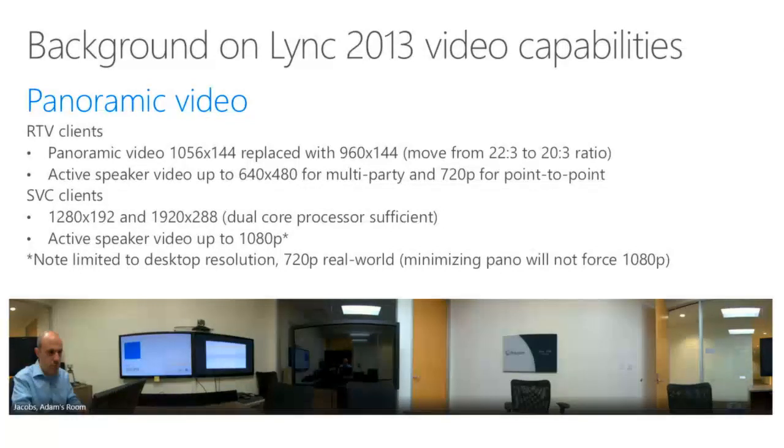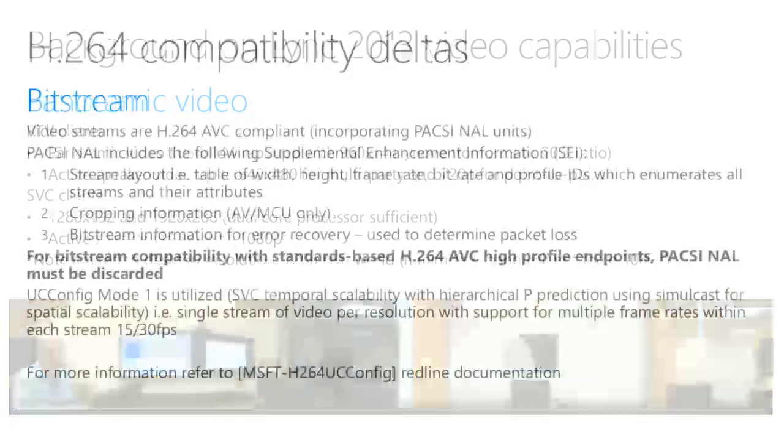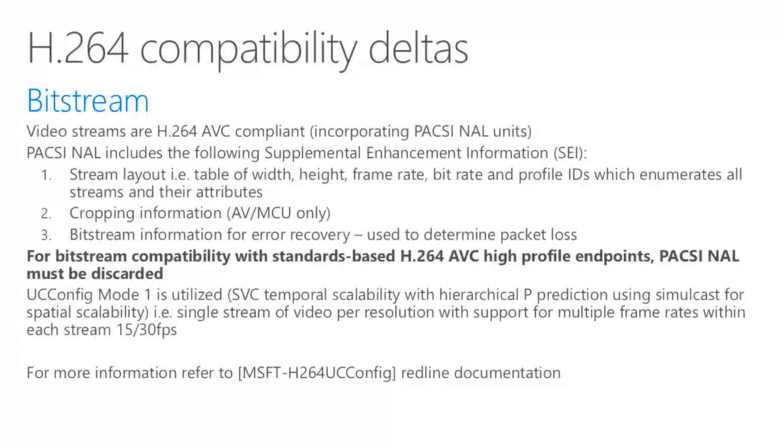So let's move on and talk a bit about H.264. Now, I've broken this down into two components. And this is specifically around why H.264 doesn't just work. And of course, when Lync 2013 came out, there was a lot of confusion around, oh, so I can just take my endpoint to Microsoft's point that's got cobwebs on and just clean the cobwebs away, and it's just going to work with Lync 2013.